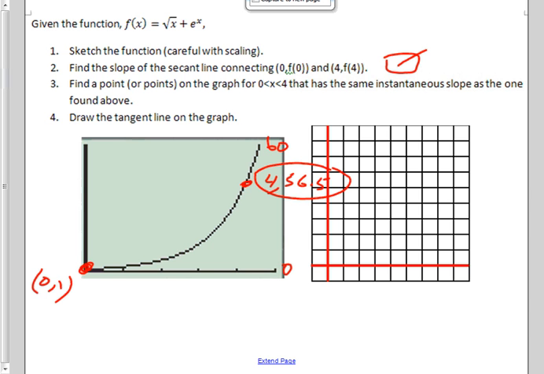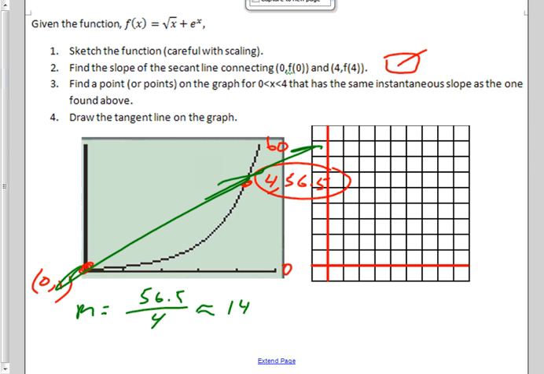The slope for the secant line connecting those is going to be the change in y over the change in x. I think it's something like 14.125. So that's my slope.